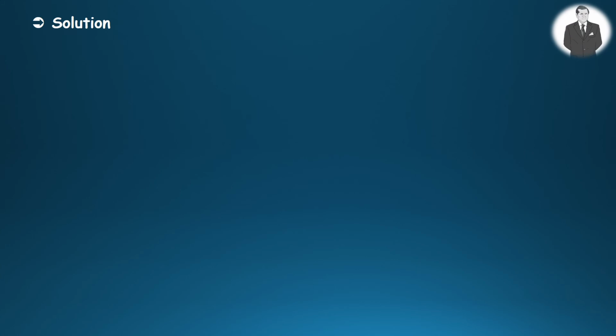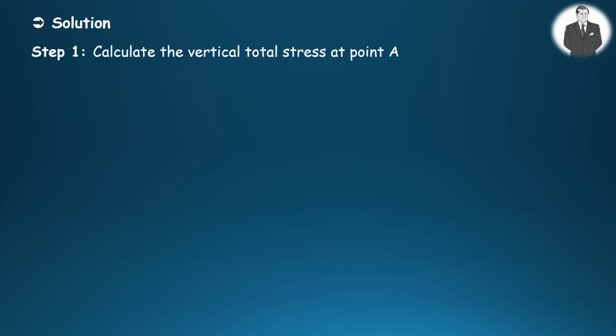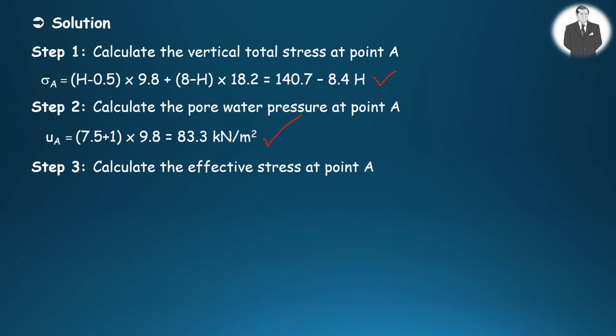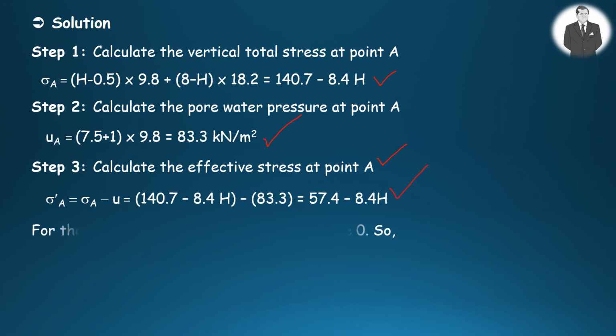In the first step, the vertical total stress at point A is calculated as given here. In the second step, the pore water pressure at point A is worked out. In the third step, the effective stress at point A is determined, which is the difference between total stress and pore water pressure.